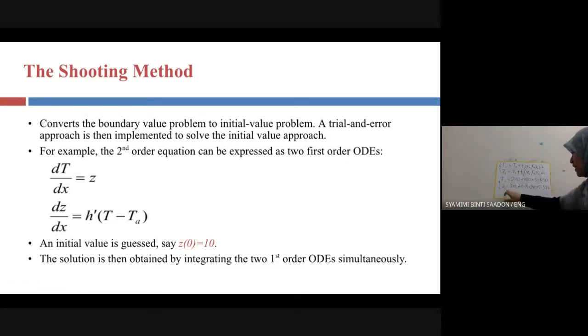So we substitute the values that we have to calculate T1 and Z1. T0 is 240, the boundary condition given. F1, which is dt/dx, is 200, which is assumed by us, and the step size is also chosen by us.